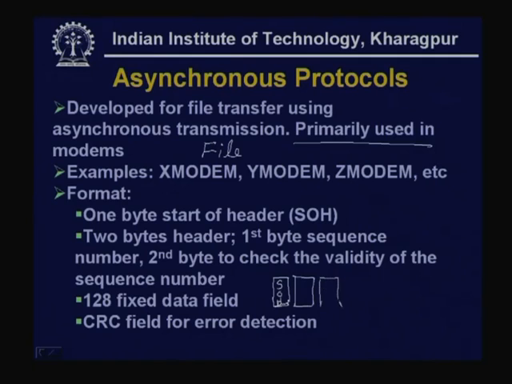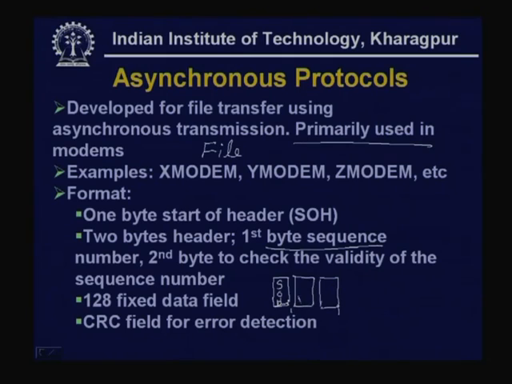However, 1 byte gives you the sequence number, and the other byte, the complement of that, is also sent. Using these 2 bytes, the sequence number and its complement are received, so if there is any error, it can be detected. The second byte is essentially to check the validity of the sequence number.